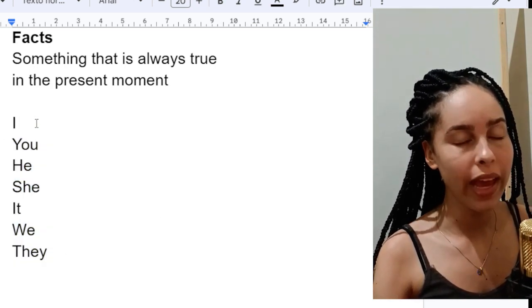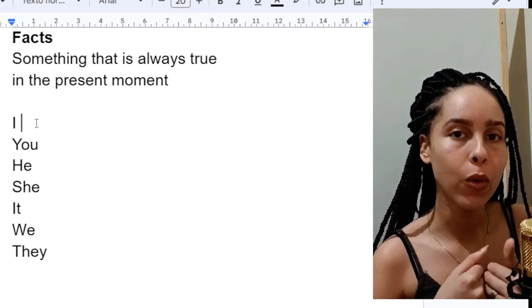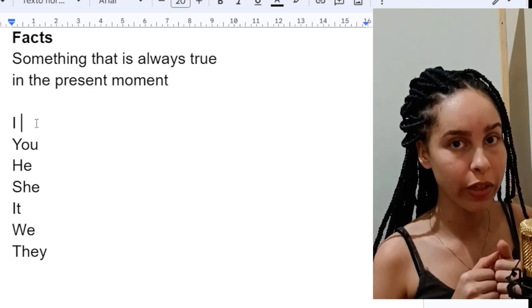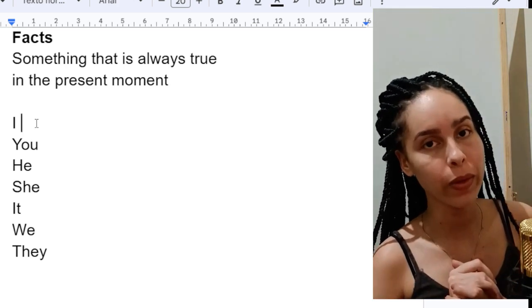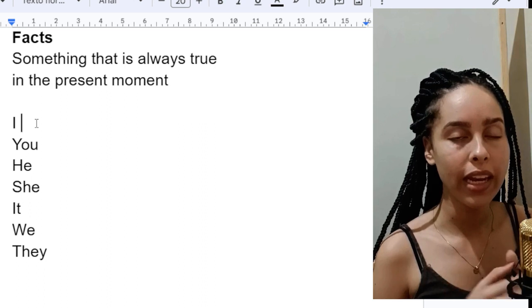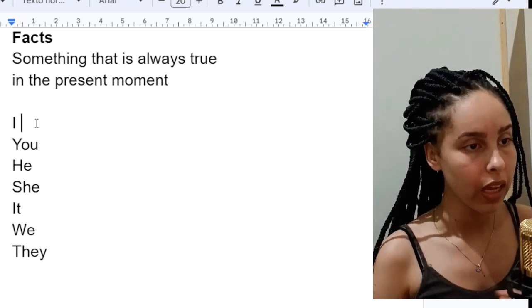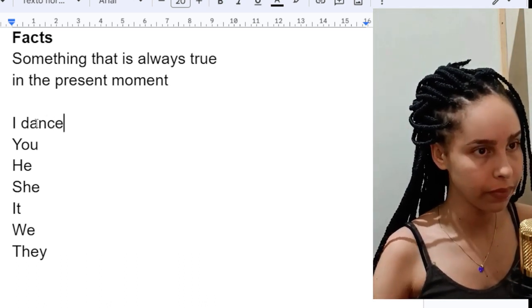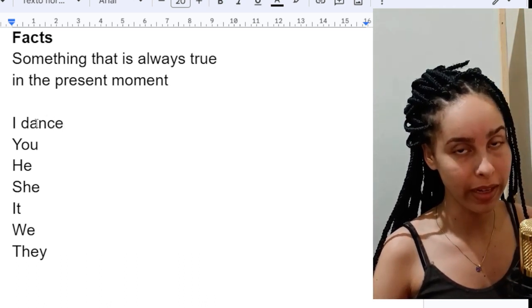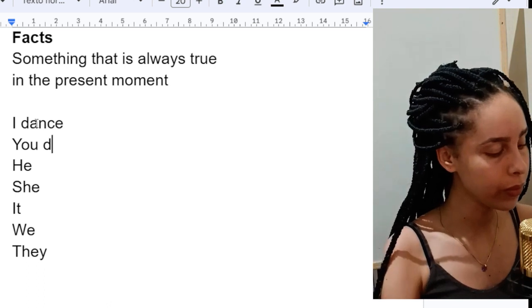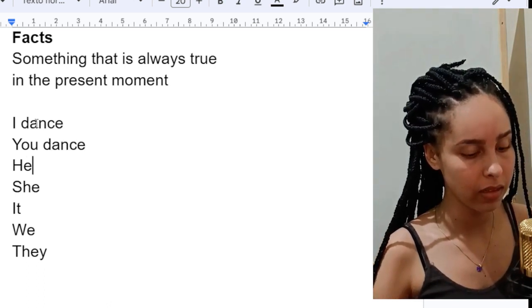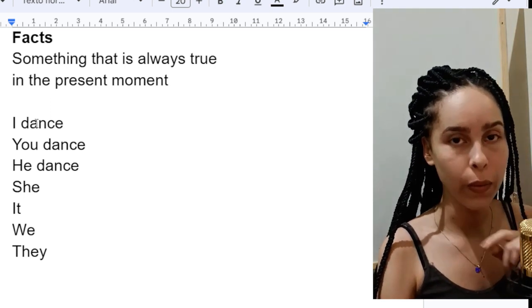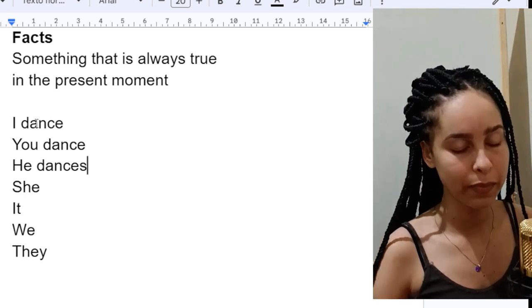And we have to make the verb agree with the subject. For example, talking about the verb to dance, as I said before, it has to agree. And how does it work? I dance. Okay? This you probably already know. You dance. He dance. No, he dances.